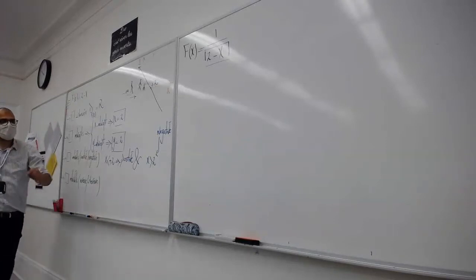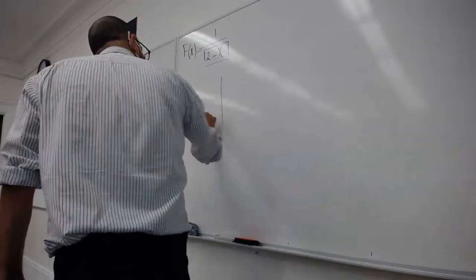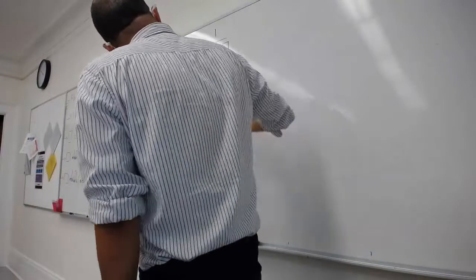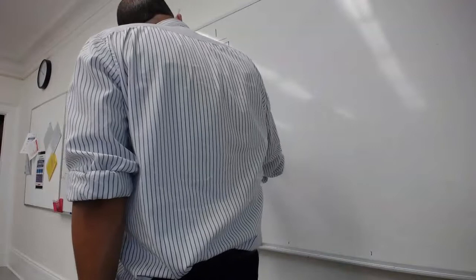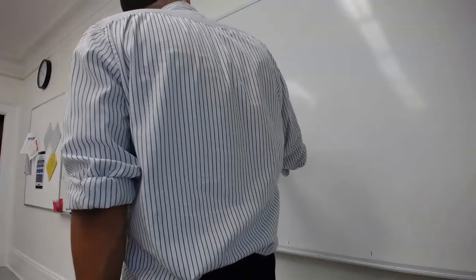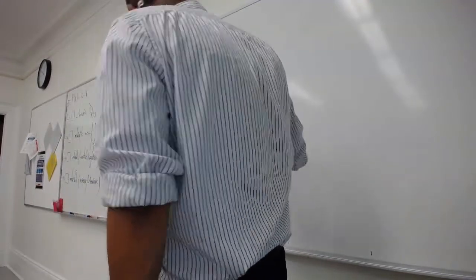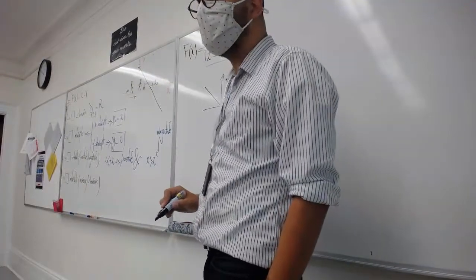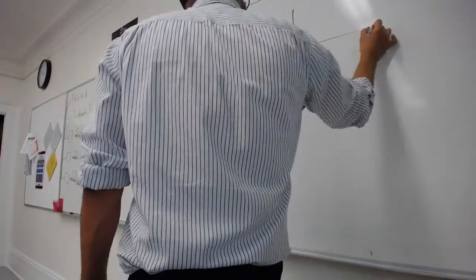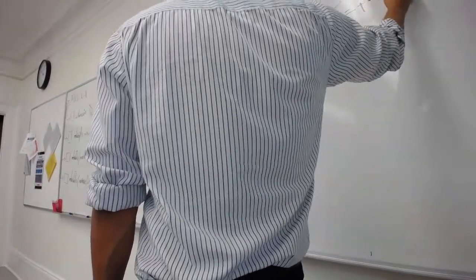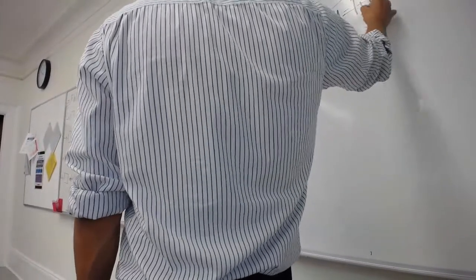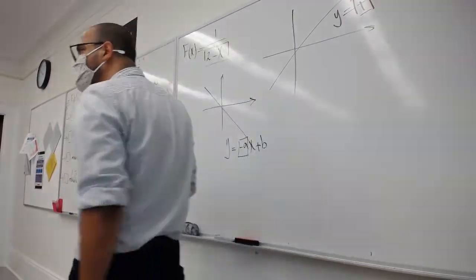You remember that from level 3, that any function y equals minus ax plus b, where a is minus, is a decreasing function, and any function y equals plus ax plus b, because that's positive, is an increasing function.